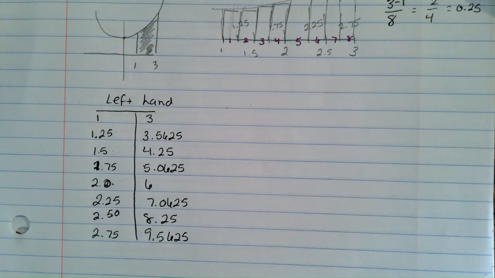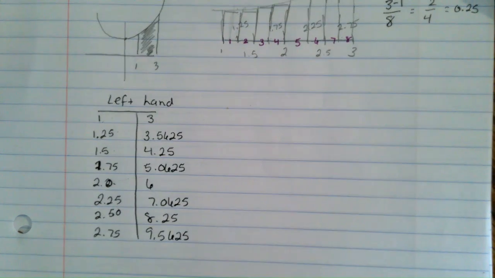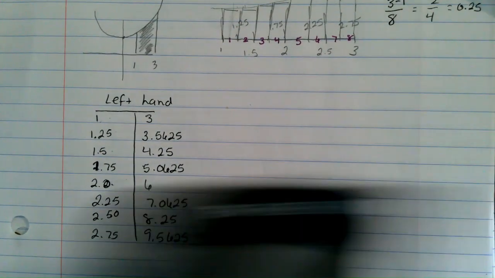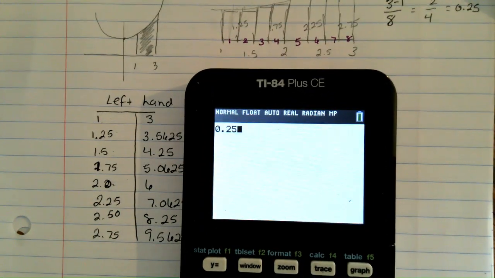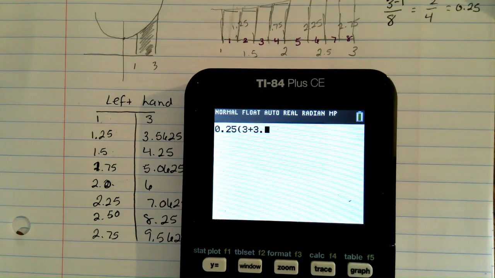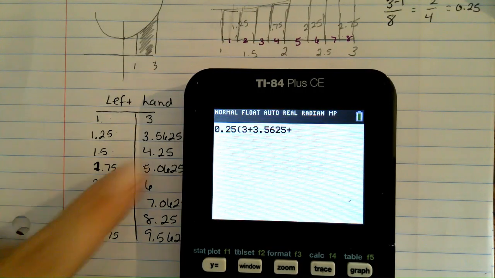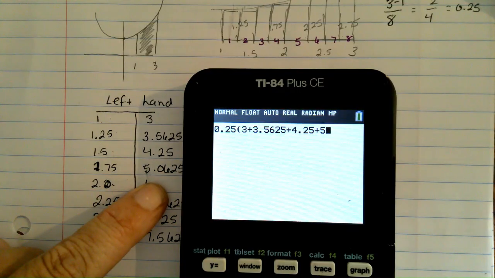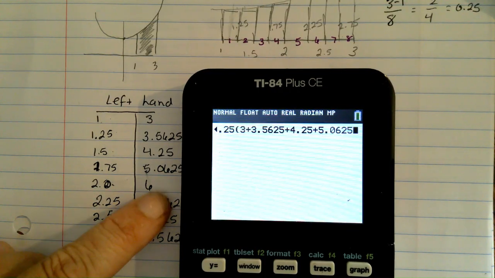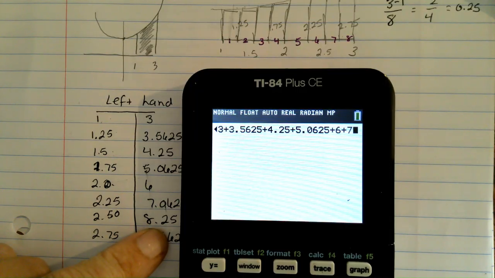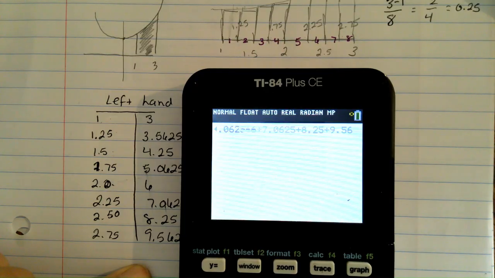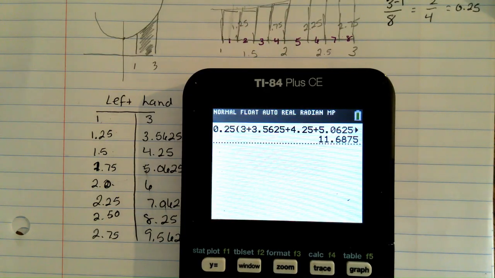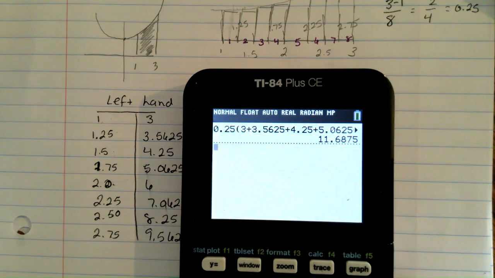Okay, so we could do 0.25 times 3, plus we could multiply these all by 0.25 and then add them together, and we get 11.6875.